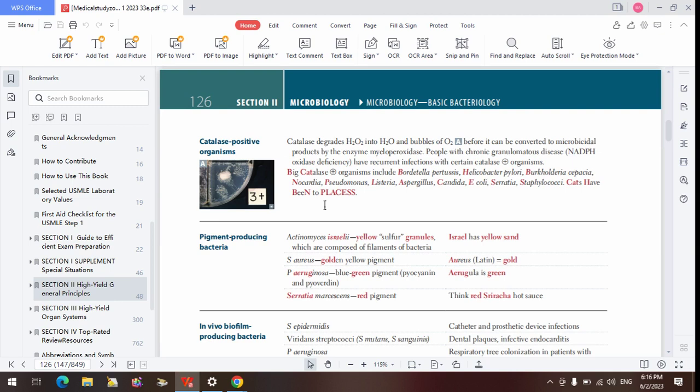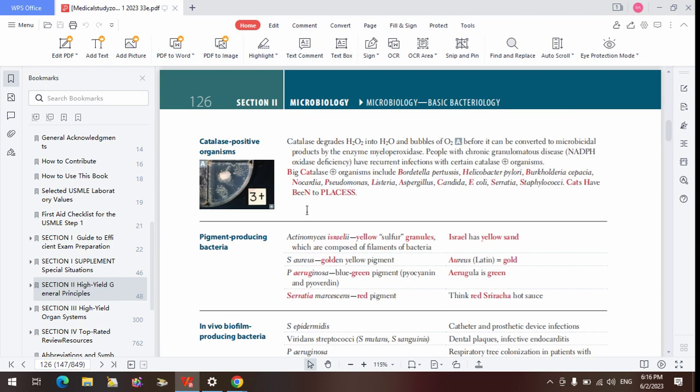The code is just PLACES. The P is Pseudomonas, the L is Listeria, the A is Aspergillus, the C is Candida, the E is E. coli, the S is Serratia, and the last S is Staph. All the staph are here, unlike what you might think, Staph aureus is included.